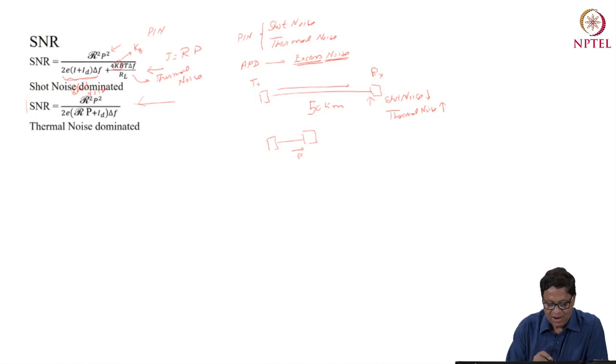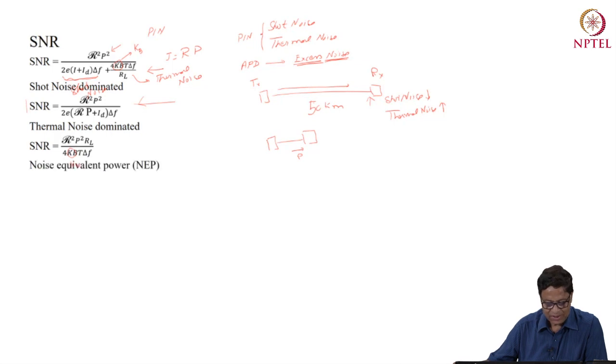If thermal noise dominated, then this RL will come up, and also k_B, the Boltzmann constant. So this will be responsivity square P square R_L divided by Boltzmann constant times temperature times the noise bandwidth.